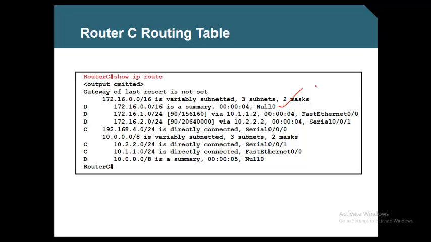When a packet is received, it knows whether to send via serial or Fast Ethernet. If it is .2, it will send to serial. If it is .1, it will send to Fast Ethernet. So this won't appear as a black hole scenario. You okay now? Yes.